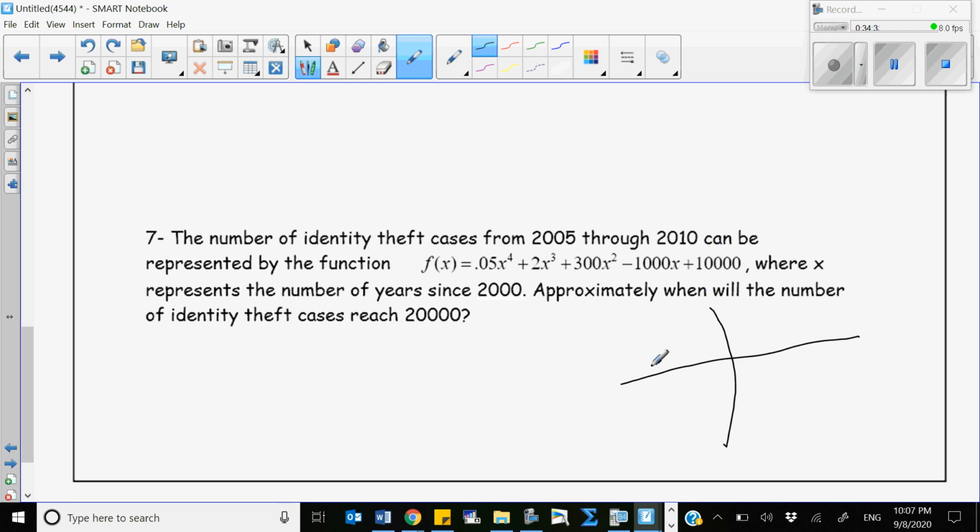So the x should be a really big number here. And the y value, as I see, I have the 10,000 here. So of course the y value should be something bigger than that. And also here it's asking when is the number of the cases 20,000. So it should be a really big number here.